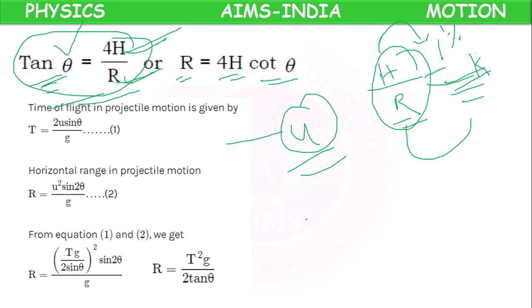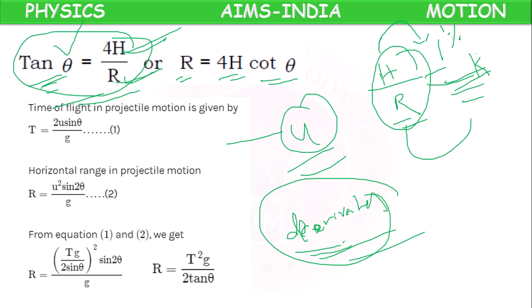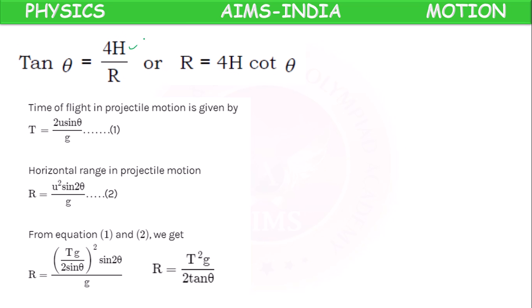That calculation can be done with the concept of derivatives, children, which is not yet covered. If we solve with derivatives, if height is increased by 1%, then range also will be increased by 1%. Just remember the answer, children.